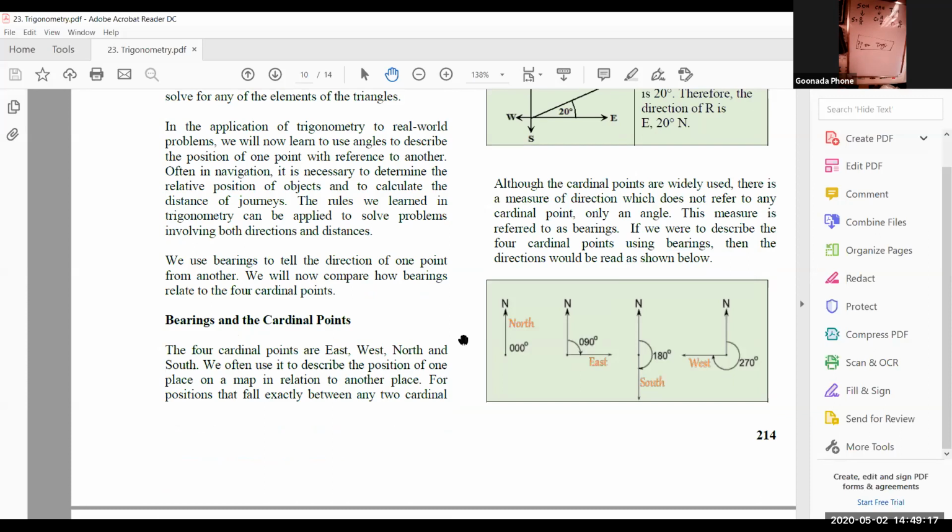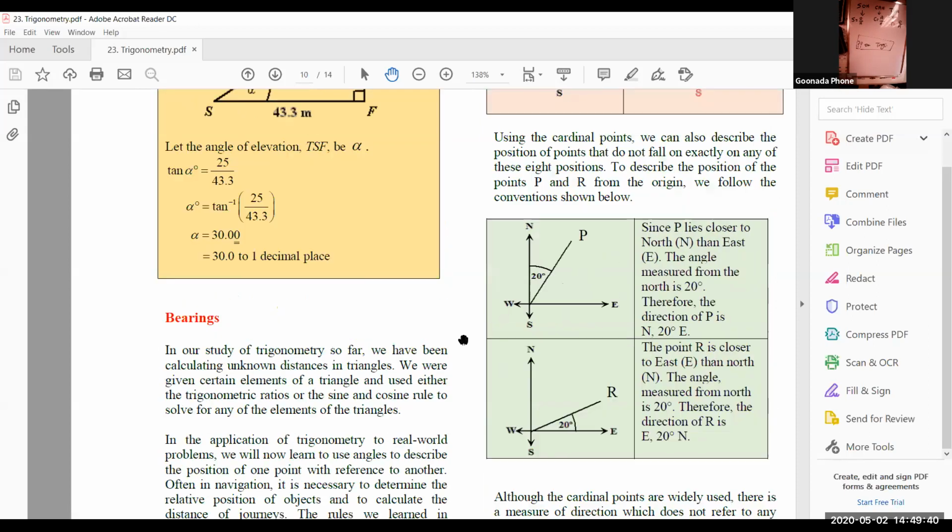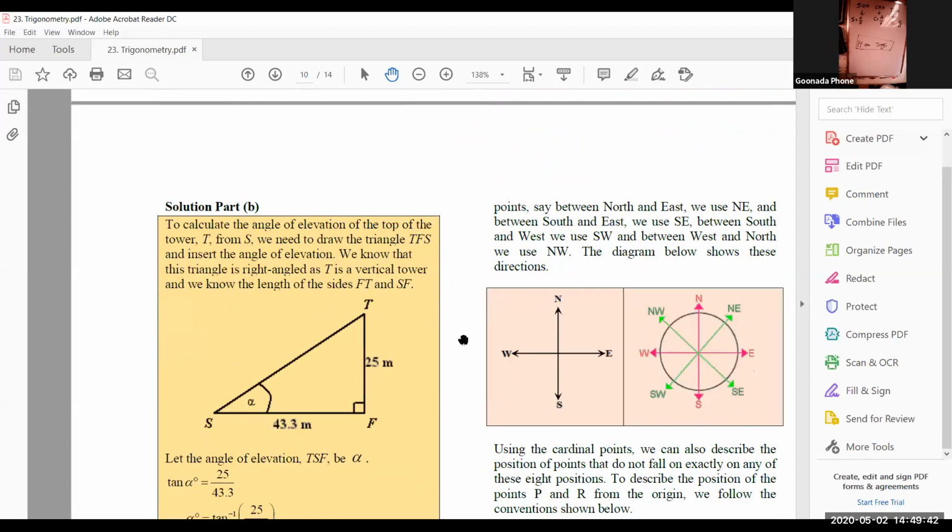The 4 cardinal points are east, west, north, and south. We often use them to describe the position of one place on a map in relation to another place. For positions that fall exactly between any 2 cardinal points, say between north and east, we use northeast, which is NE.